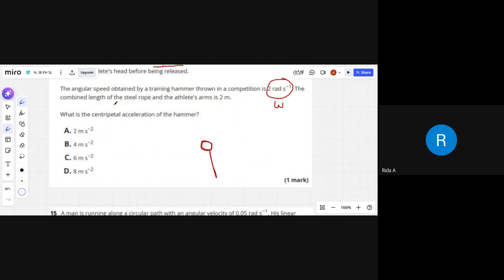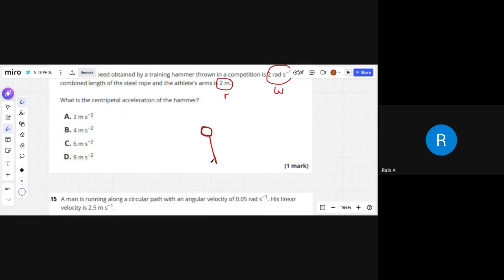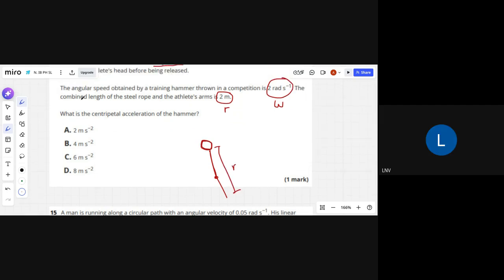The combined length of the steel rope and the athlete's arm is 2 meters, which is your radius, since the arm of the athlete is counted in your radius.